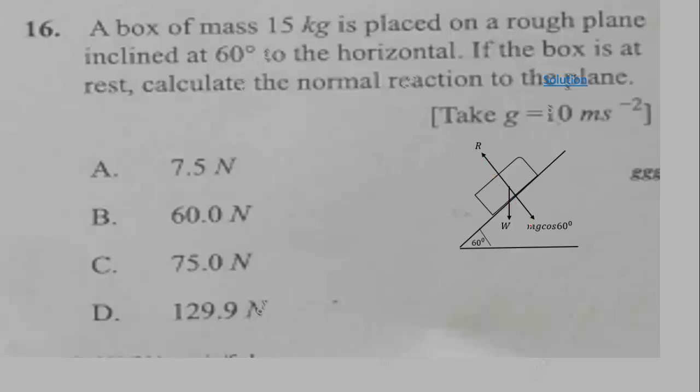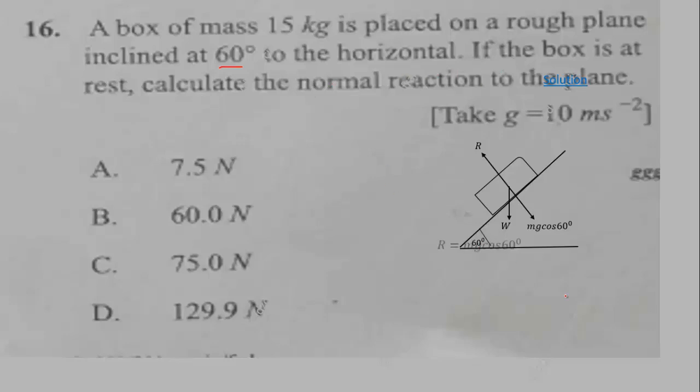The normal reaction is equal to the downward vertical component of the weight when we resolve it. So mg cos 60 degrees, which is the angle given. This is a diagram representing the problem.